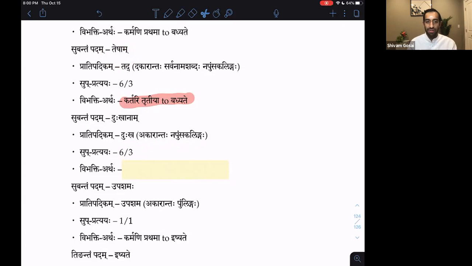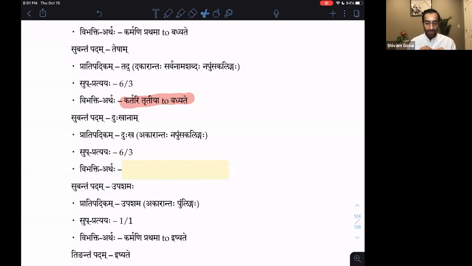Vibhaktyartha. Can we guess what's the vibhaktyartha? What's the most common vibhaktyartha of sixth case? And you don't have to say to what. So I'm seeing sambandhe.